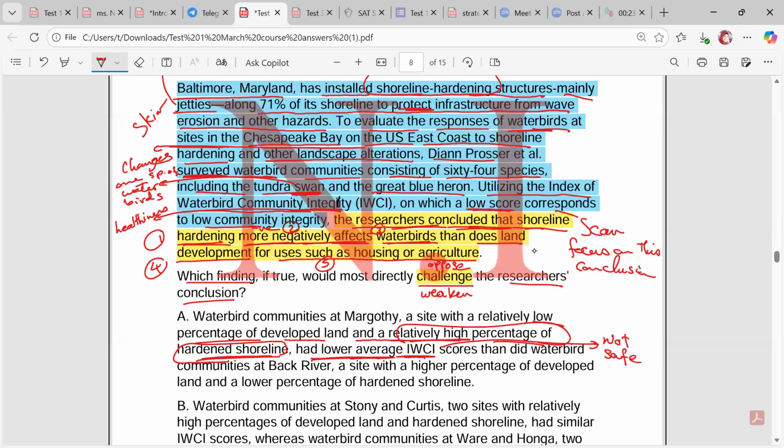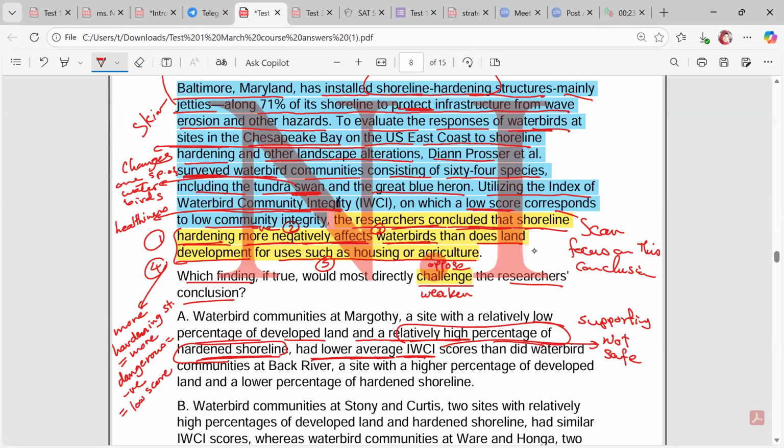So this is supporting. The conclusion says that more hardening structures means more dangerous, negative, low score.